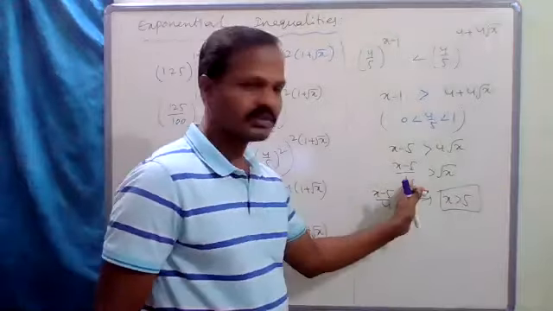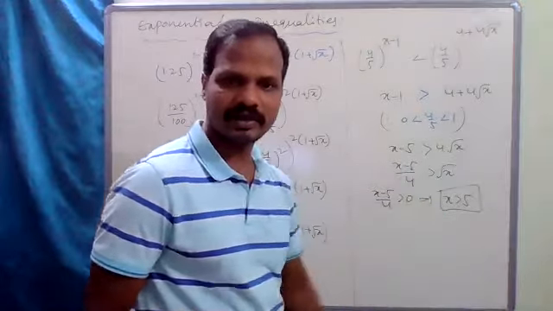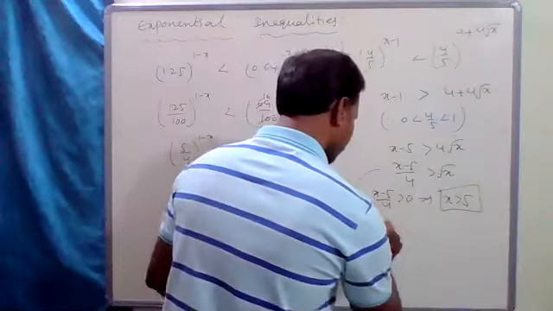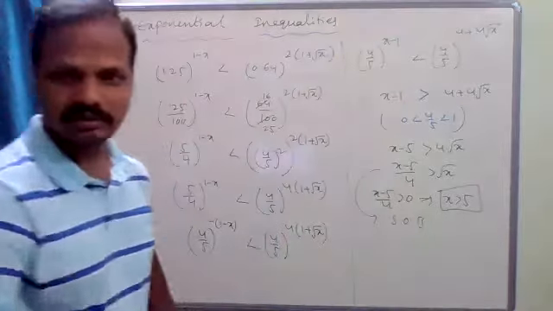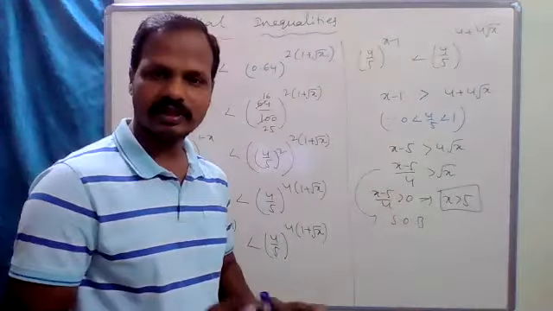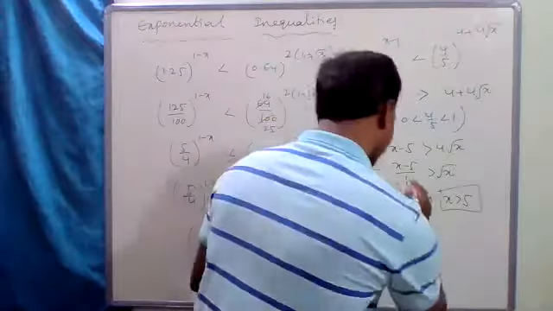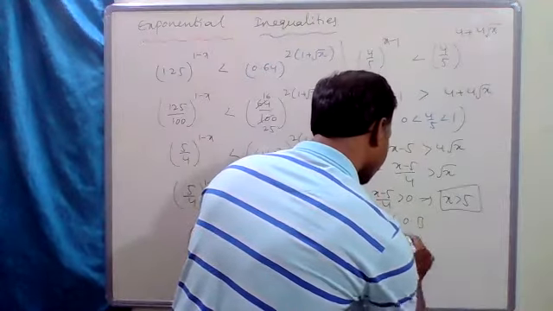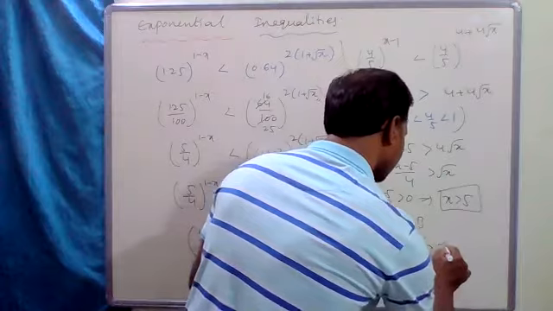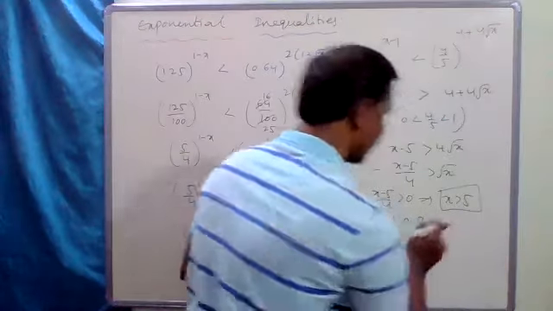Now apply squaring on both sides, because we are taking this as positive. If both are positive, then apply the square on both sides. Then x minus 5 by 4 whole square is greater than x.